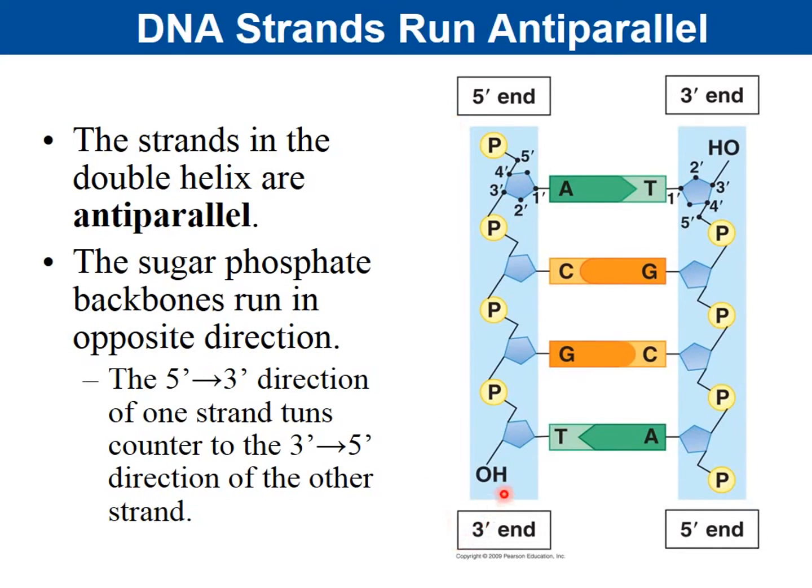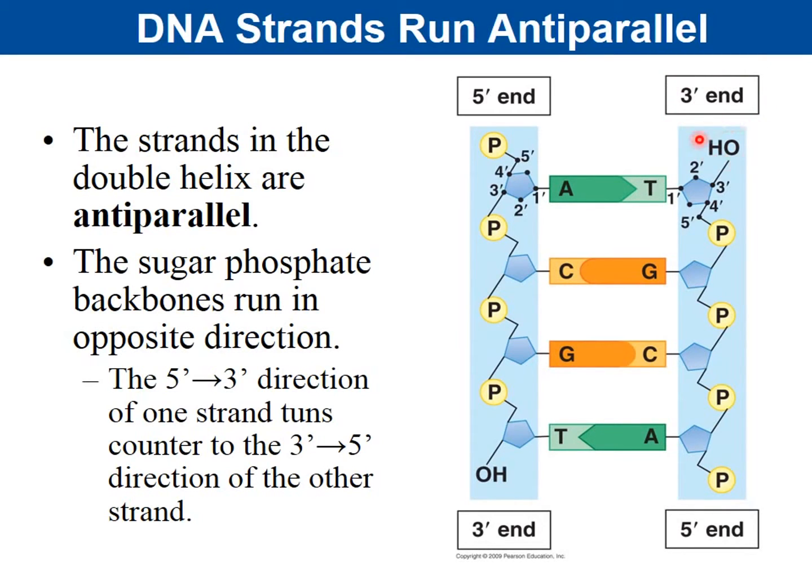Now conversely, on the 3' carbon, normally you'll have these OH groups, these hydroxyl groups. Notice here, the hydroxyl group is participating in this bond. Same thing here and here, but this is the only free 3' hydroxyl group. And so we refer to this as the 3' end. And so if you look at the 2 strands of DNA, this one goes 5' to 3', and notice that the complementary strand, notice up here is the 3' end.